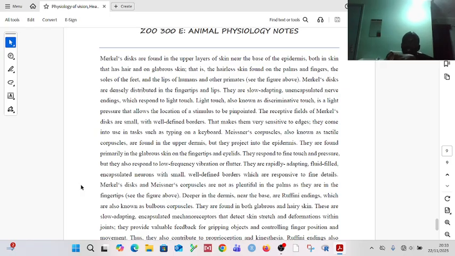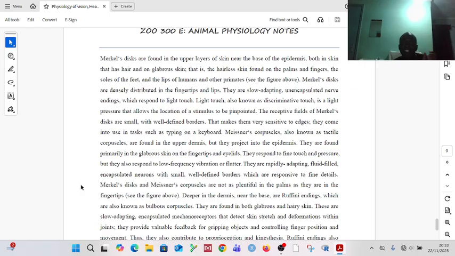So you find these Merkel's discs so densely distributed at your fingertips and at your lips. So the tender touch that arouses you, either on your lip or on your fingertips, is courtesy of the Merkel's disc.